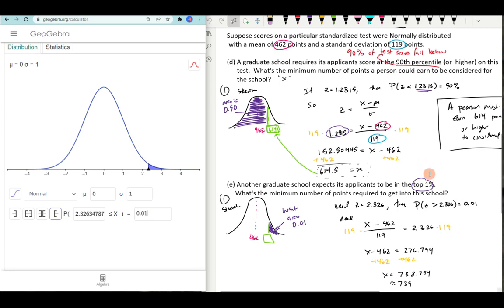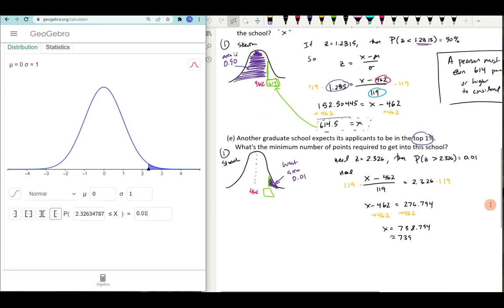So we say, all right, in this case, what this is telling us, this 739, means that the point on the horizontal axis, to ensure that the area above that point is 0.01, that point needs to be 739 rounded.